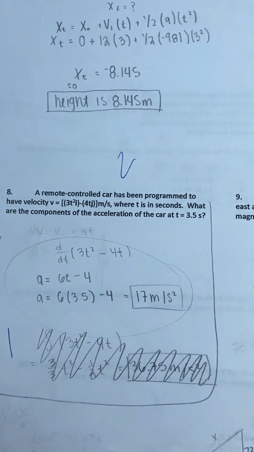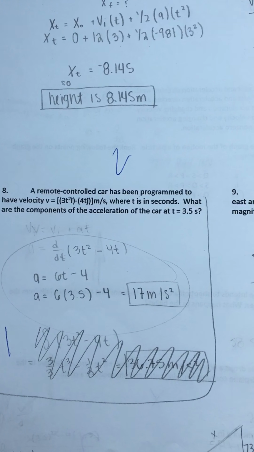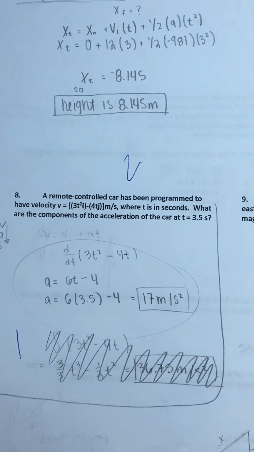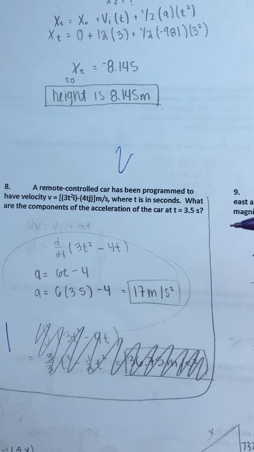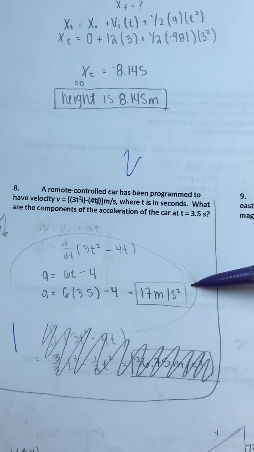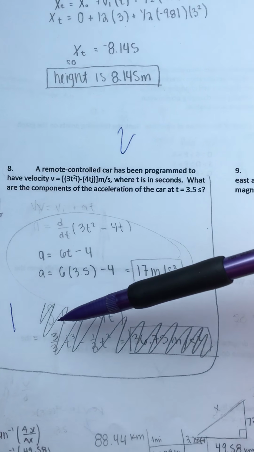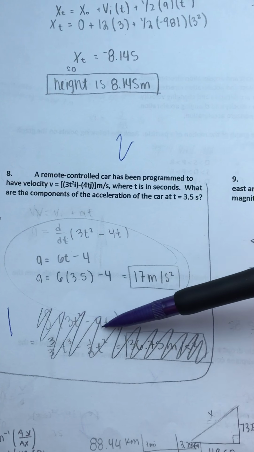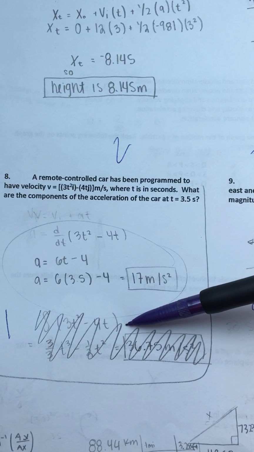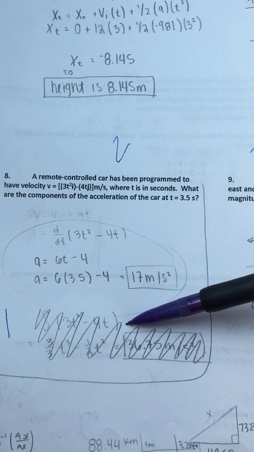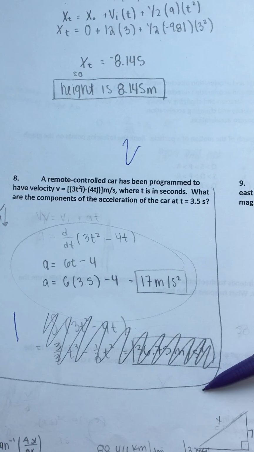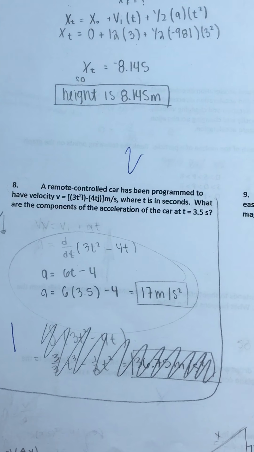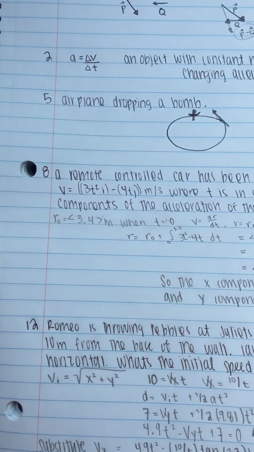When it says components, it's asking for the x and y parts of the vector. As you can see, I only got one answer. It looks like I did take an integral of it, and I got an answer, but I did not have the two components split up. So that is obviously wrong.